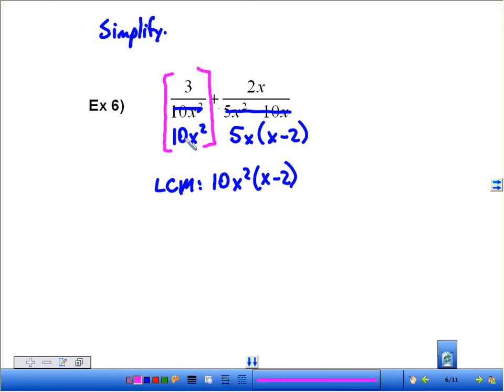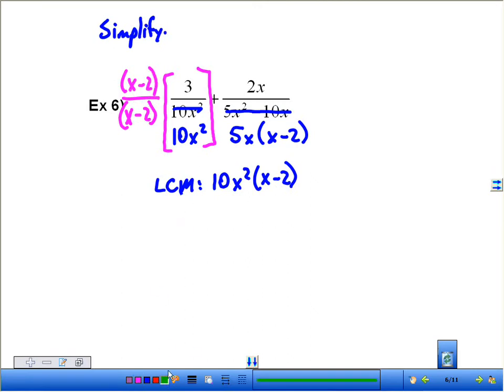So we need to change each one of our expressions to have the same denominator, or the LCM. I look to see what's different between this denominator and the LCM. Well, the missing factor is x minus 2. So I'm going to multiply the denominator by x minus 2 so that I can make it look like the LCM. If I multiply the bottom by that, then I have to multiply the top.